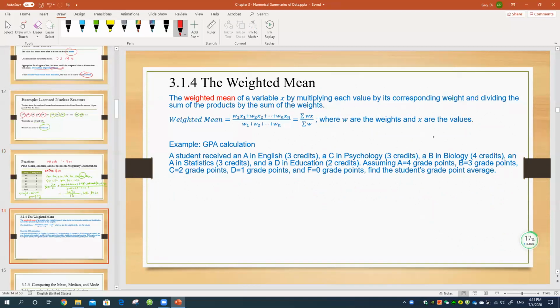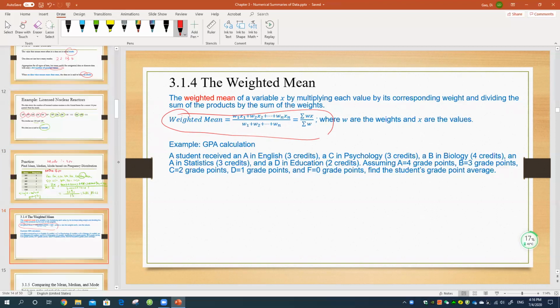It's just what we did for the practice problem, but written as an equation. The weighted mean equals the weight times the first number, plus the corresponding weight for the second one times the second value, and so on and so forth. So the sum of all the products divided by the sum of all the weights. The weights mean how many times it occurs.